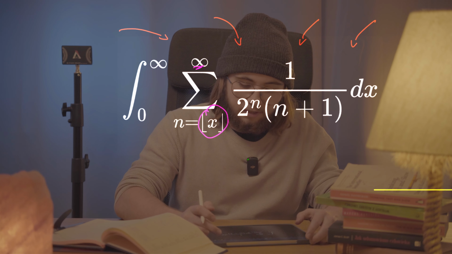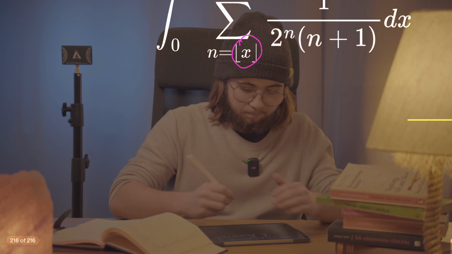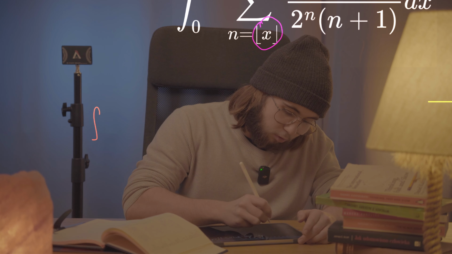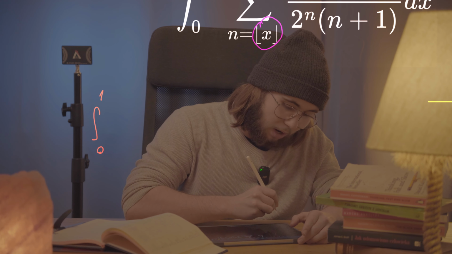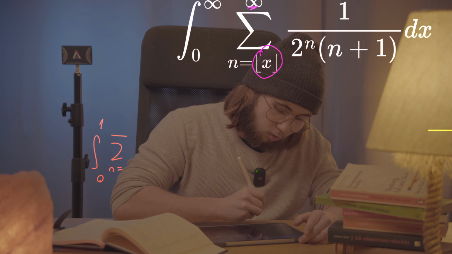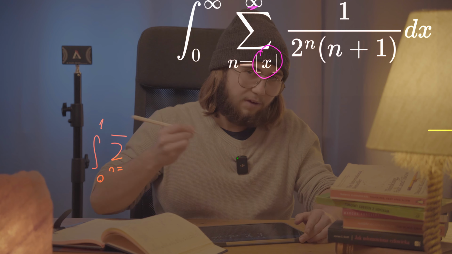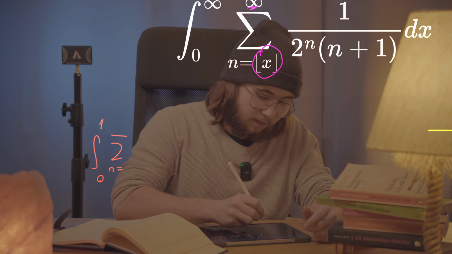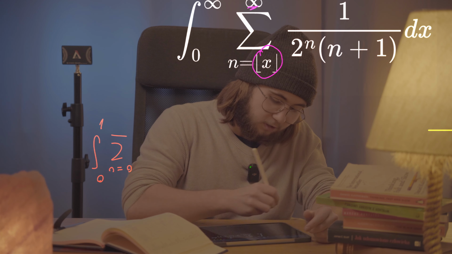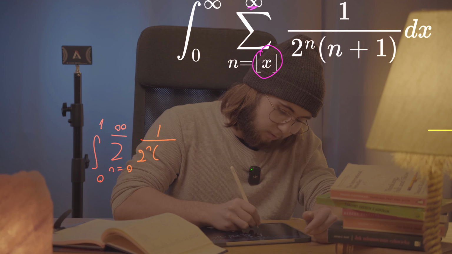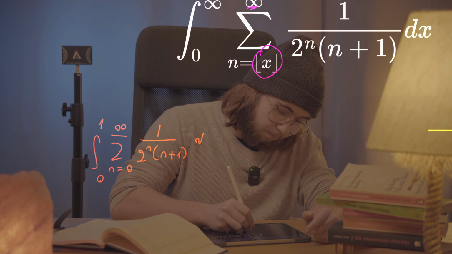So I could rewrite this entire thing as a barrage of integrals. First of all, an integral between 0 and 1, of the sum as n goes from the floor of everything between 0 and 1, excluding the 1, but it doesn't really matter. There's going to be a 0, so from 0 up to infinity of 1 over 2 to the power of n times (n plus 1) dx.